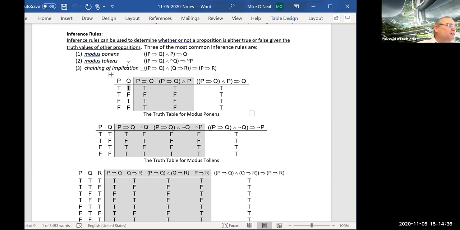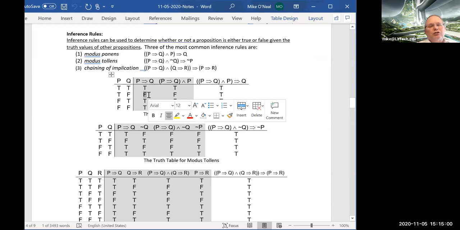The other worlds here deal with situations where I'm wrong in some way. So like this second line, the if statement's false.